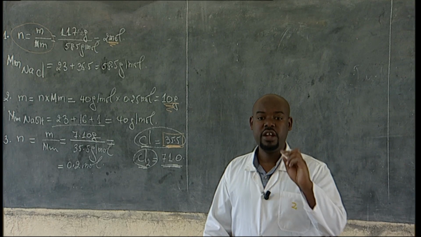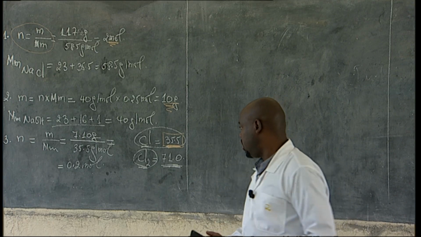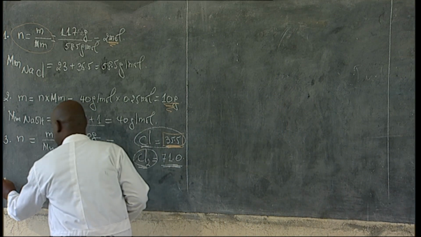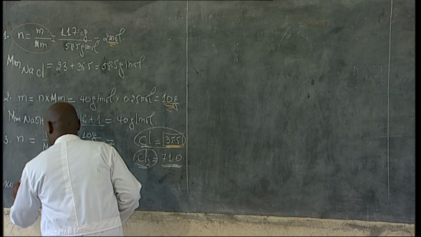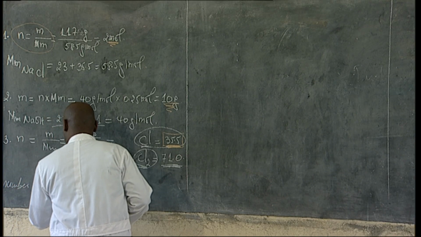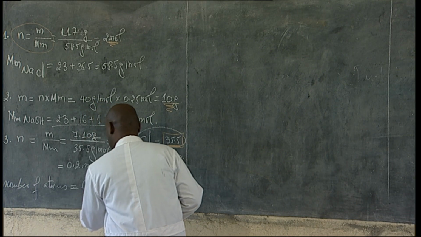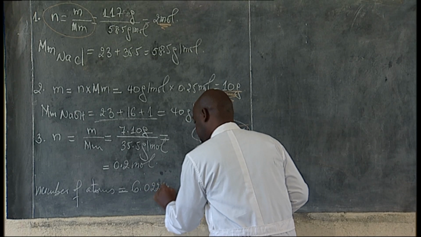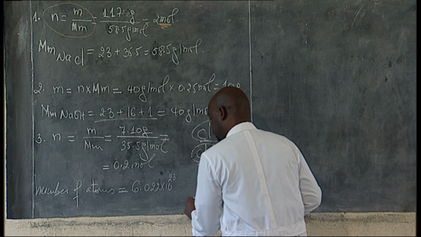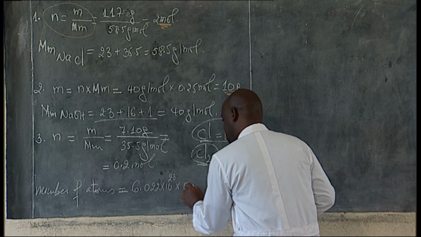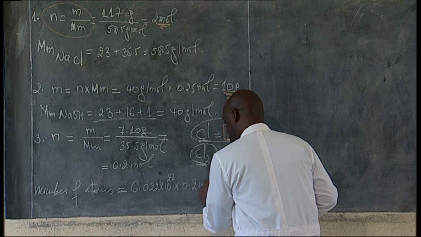We can now find the number of atoms. Number of atoms will be equal to the Avogadro's number times 0.2 mole.